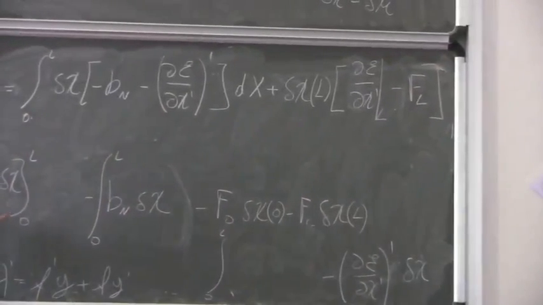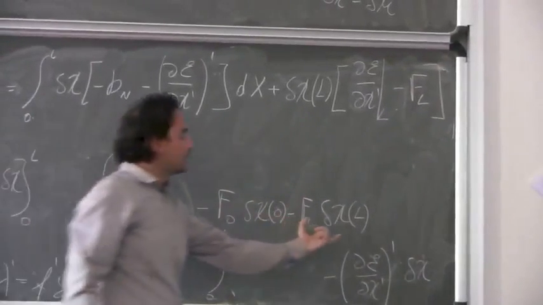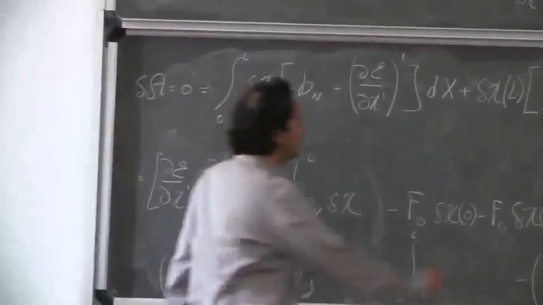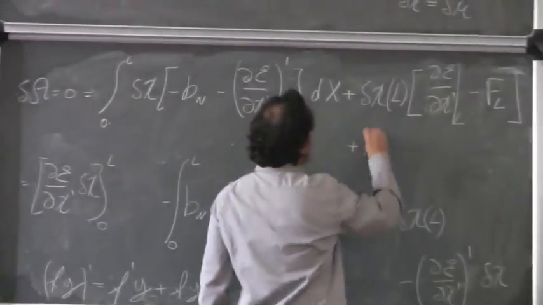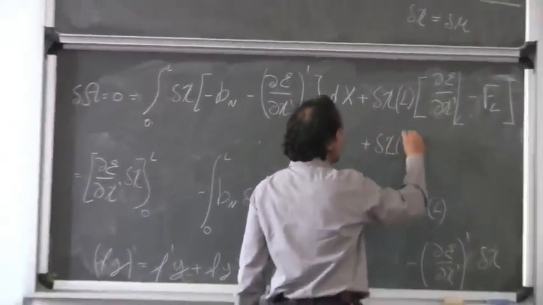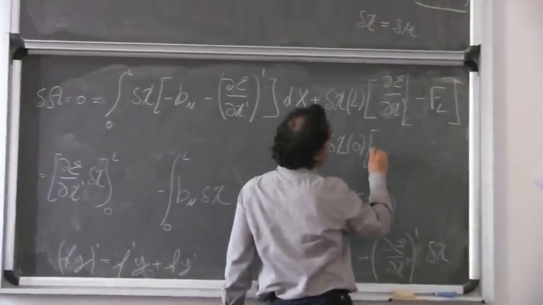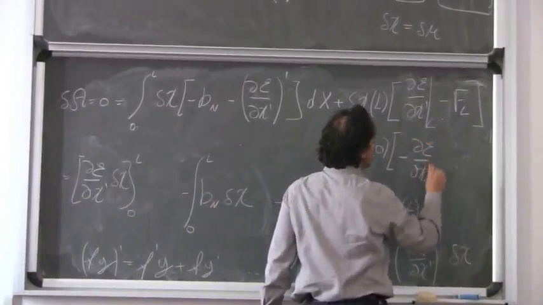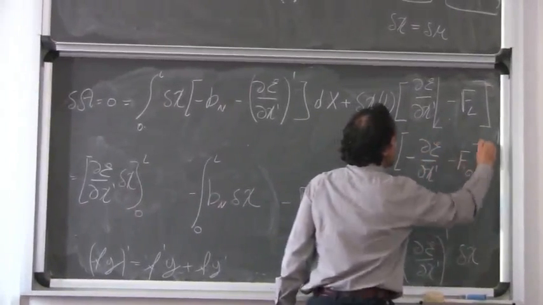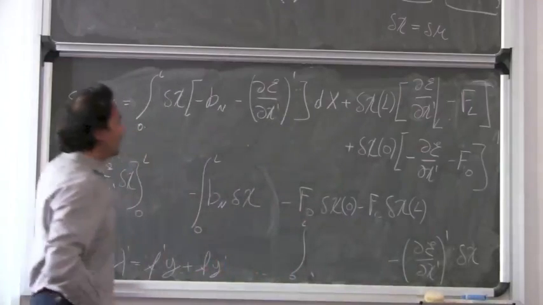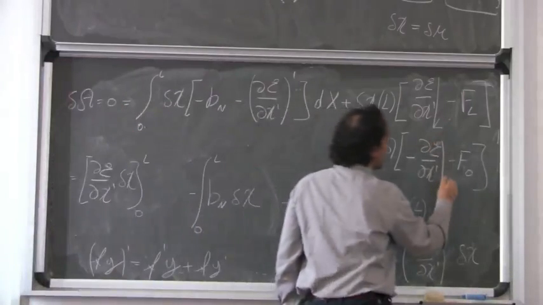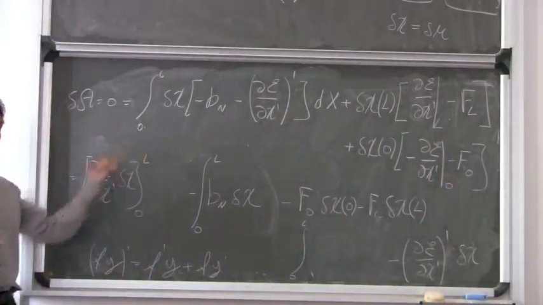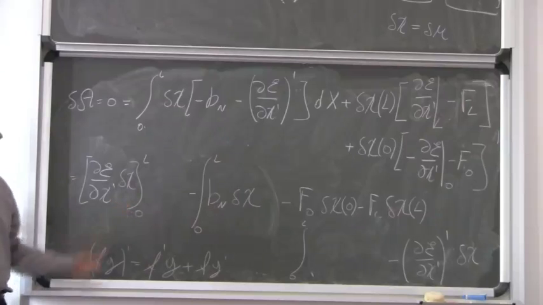So we have taken into consideration this part and this part. Now we have to take into consideration also this other part, that means plus delta t at 0, and here we have minus this evaluated at 0. So this evaluated at L minus this evaluated at 0.